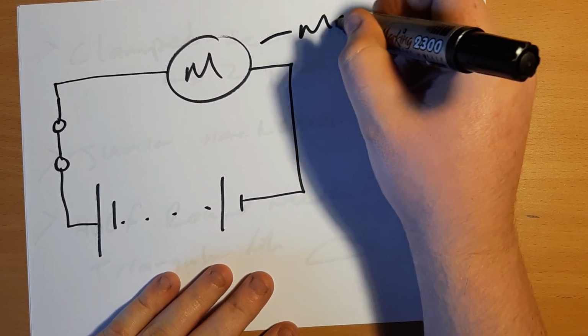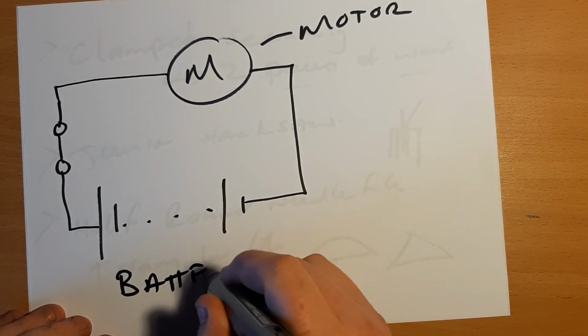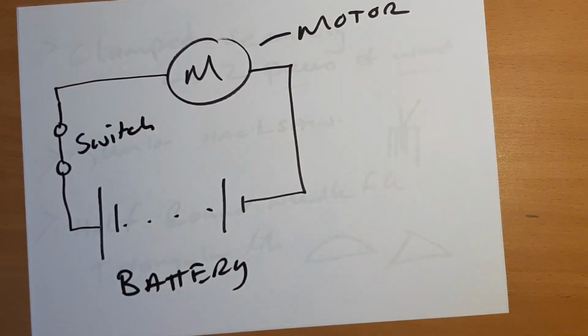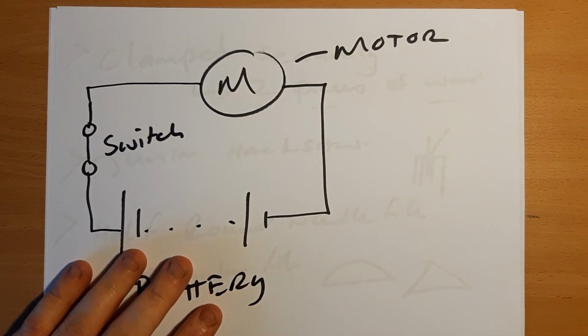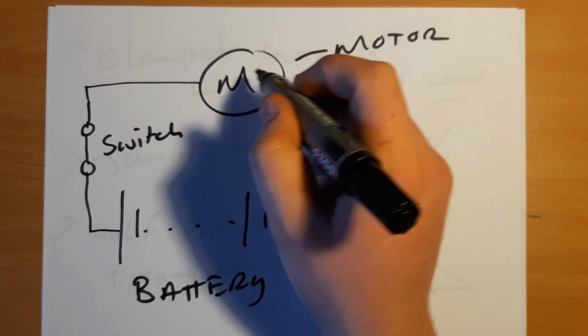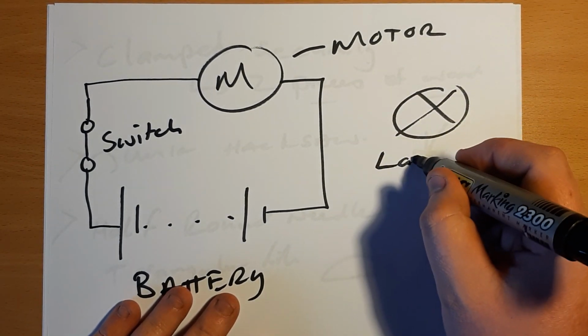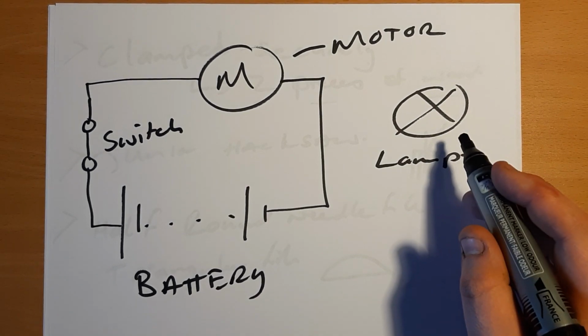This is a motor. Big circular thing with an M. If you see something like this with an X through it, that's a lamp. That's the only other thing that might be similar.